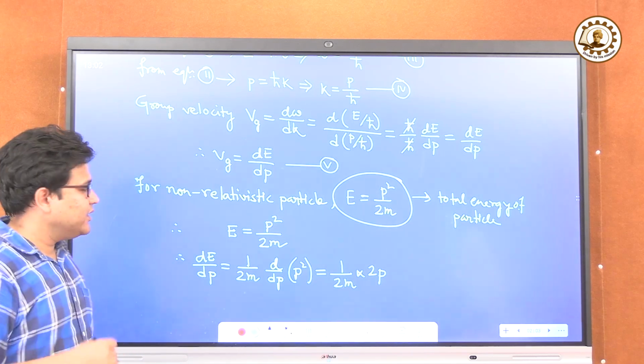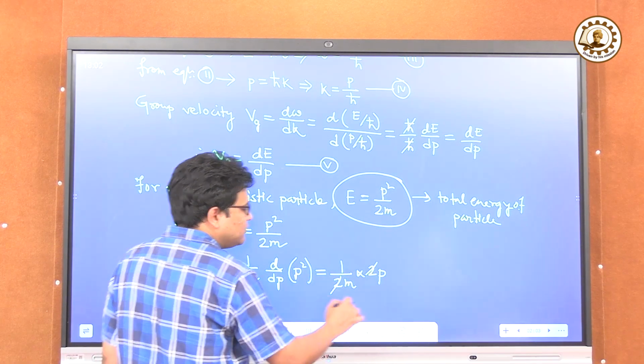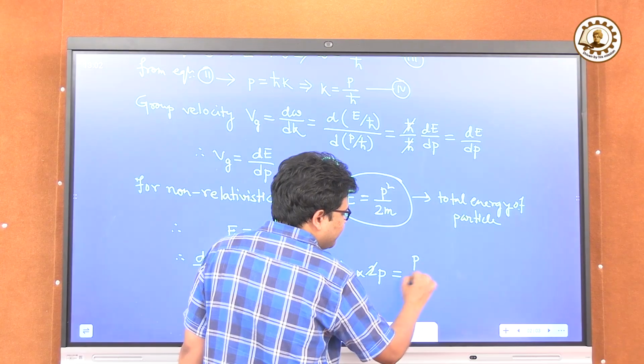These two cancel out. As a result we have P by m.